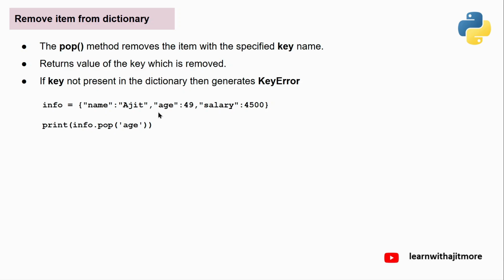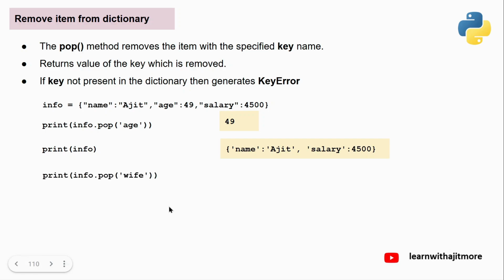It will remove this from the dictionary, and whatever value is there for the key, it will return it. It will return 49. And if you print and see your dictionary, now one key will be less in it.